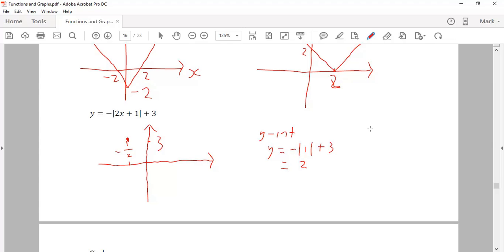If we wanted to find the x-intercepts, we let y equal 0. I'm going to move the absolute value to the other side to make it positive. Remember, when we solve absolute values, you need your two cases: the positive and the negative case.